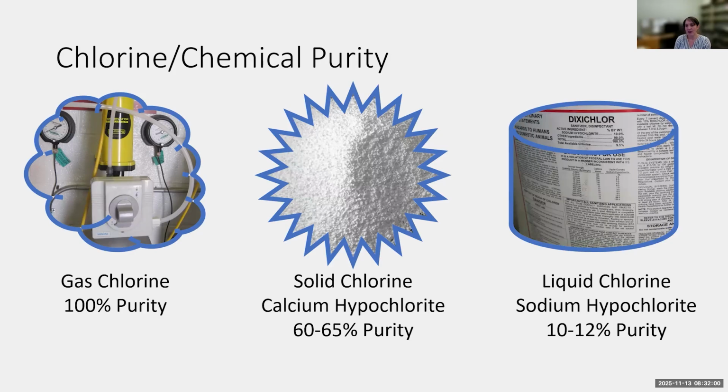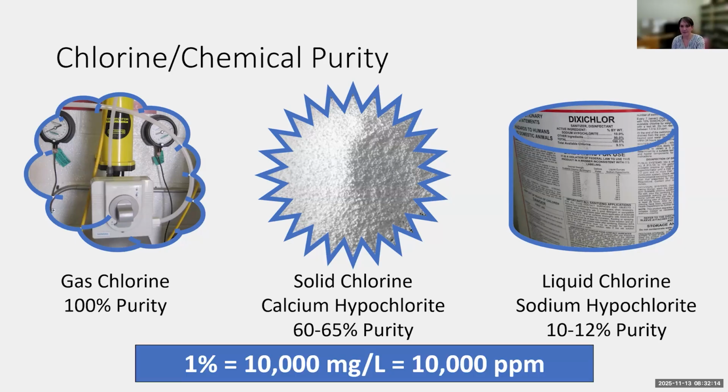And we also have liquid chlorine, or sodium hypochlorite, which has a purity of 10 to 12%. So how does this relate back to the solids concentration and the chemical solutions that we talked about at the beginning? A chemical solution with 1% purity is equal to 10,000 milligrams per liter, which is the same as 10,000 parts per million, if you remember.